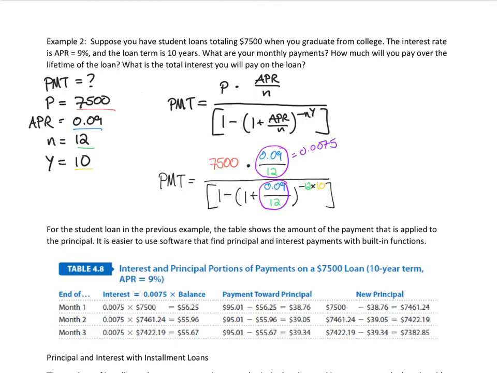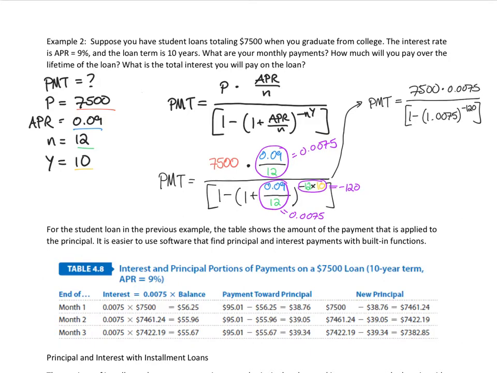And this fraction will equal the same thing, 0.0075. Then you want to multiply the exponent together, and this is a negative 12 times 10, and that will give you a negative 120. And with all of those simplifications, the fraction will start looking simpler as well.